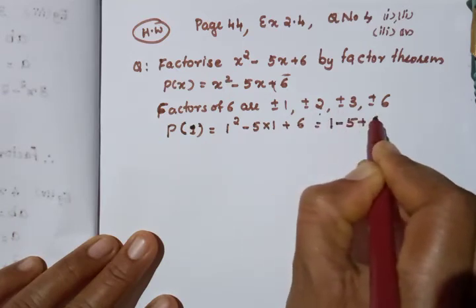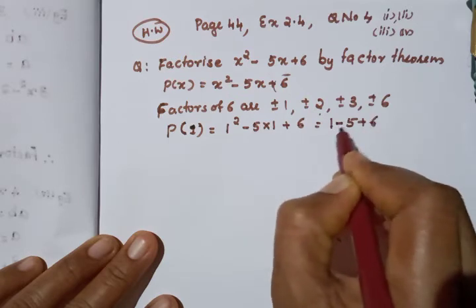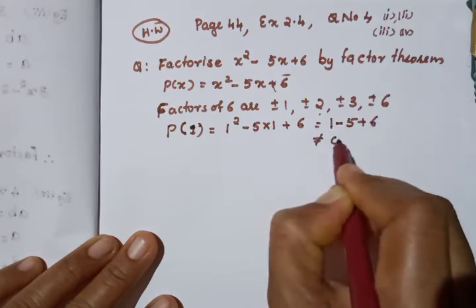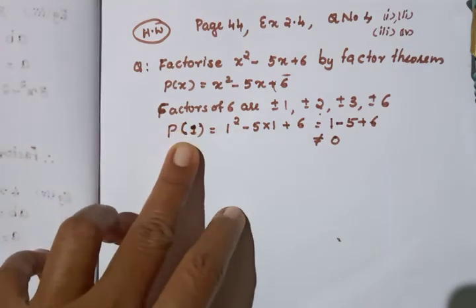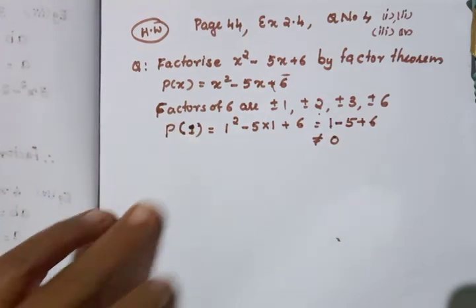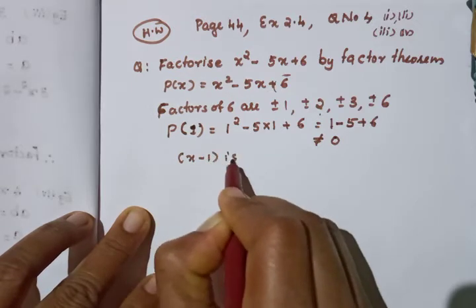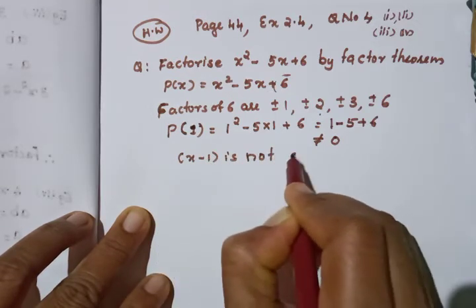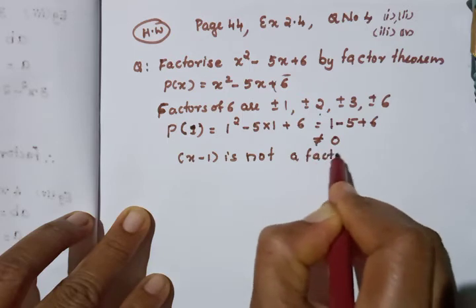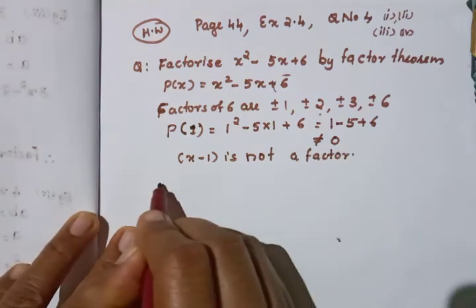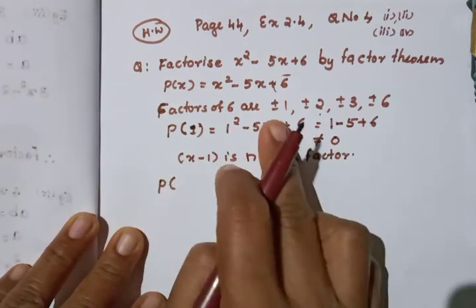What is 1 plus 6? 7. 7 minus 5 is not equal to 0. So x minus 1 is not a factor. Clear? Okay.